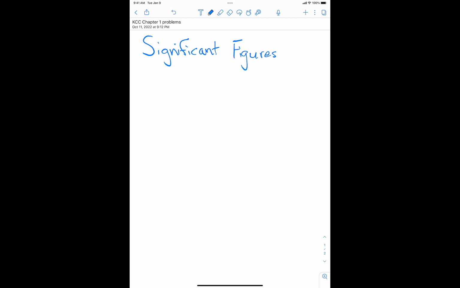Let's start out with, say, 26.3. When we're looking at this number 26.3, the first thing that we need to remember is that all non-zero digits are significant. So all we have to do here is say 1, 2, 3. This has 3 sig figs. You might see significant figures written as sig figs.